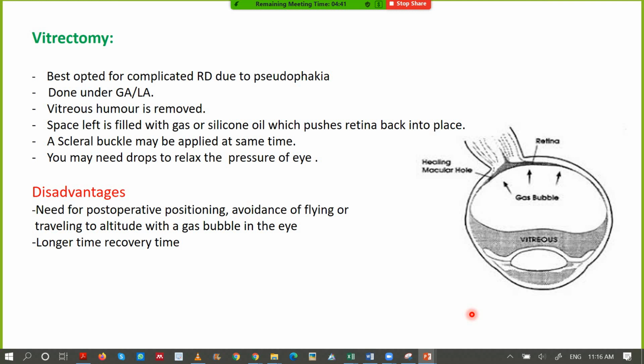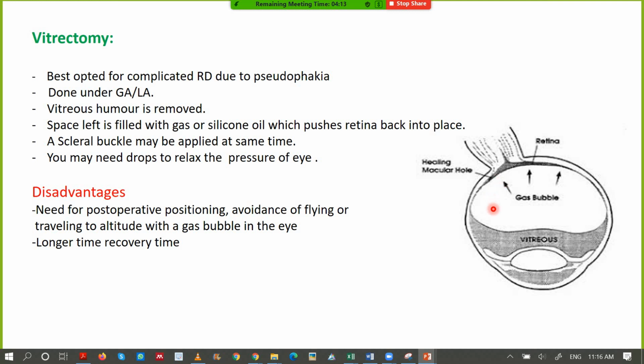Coming to vitrectomy, this is done in case of a complicated retinal detachment due to pseudophakia or such conditions. What we do here is we completely take the vitreous out and then we put a gas bubble or silicone oil into it, so that the eye structure is maintained.